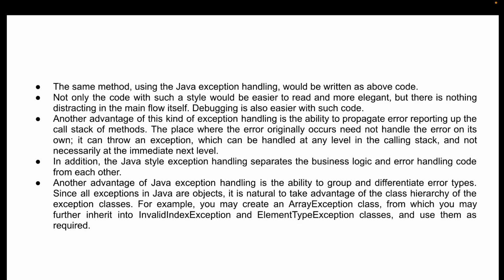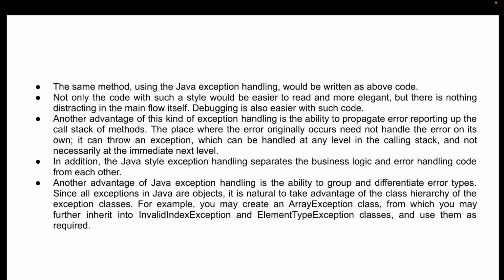Then another advantage of this kind of exception handling is the ability to propagate error reporting up the call stack of methods. See, I told you one example of a database error being thrown at the database layer. If you make a call to the database layer, then that particular module receives that exception, and that module may also be called by some other module.